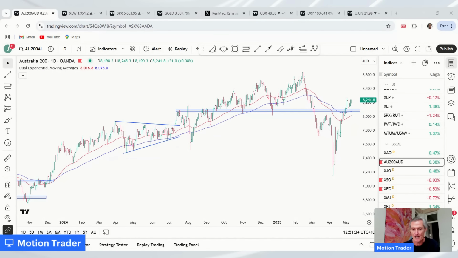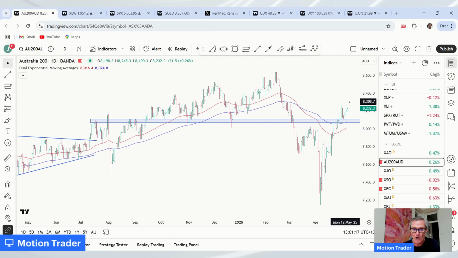So, our first chart for this week is, of course, the ASX 200, and it's been a week of back and forth movement in the ASX 200. On the surface, it mightn't seem overly eventful, but there's actually a bit more to it. I'll explain what I mean in a moment.